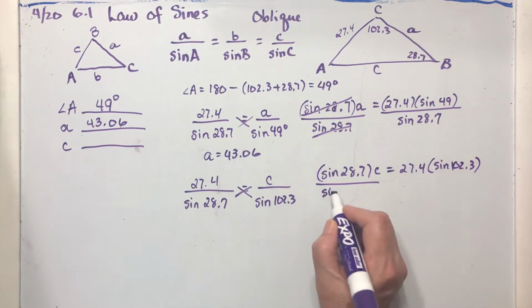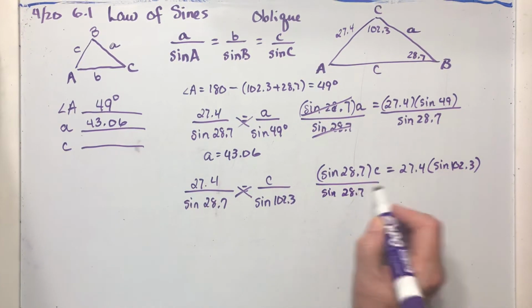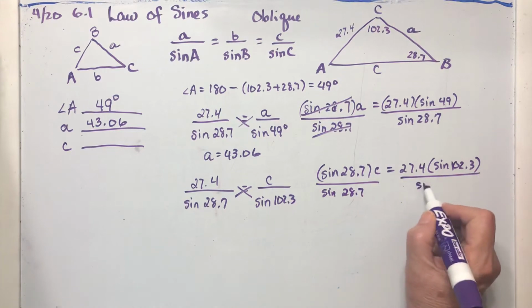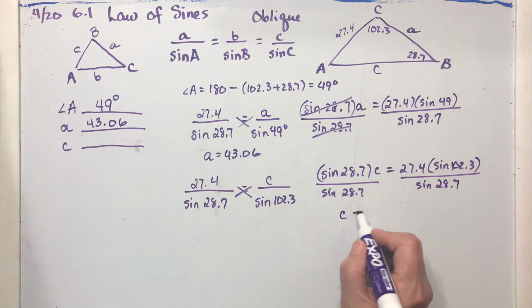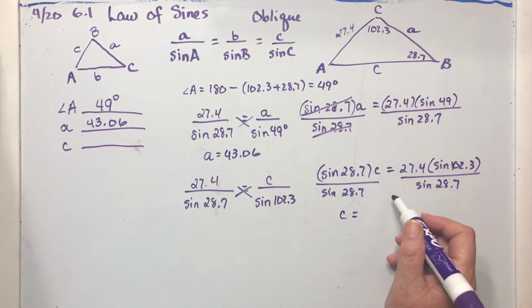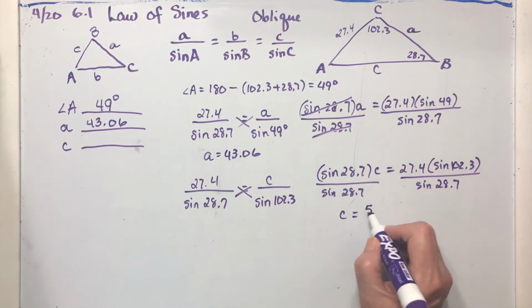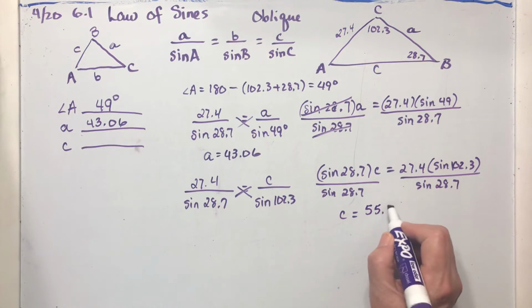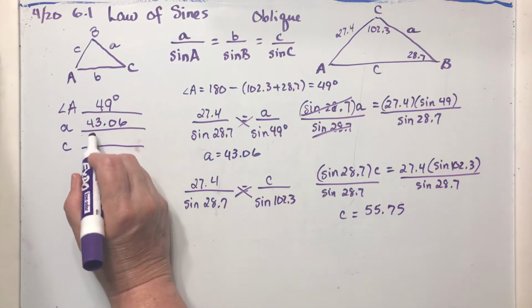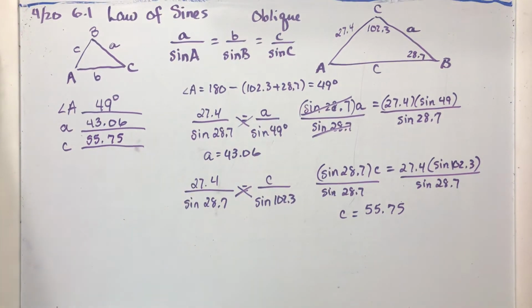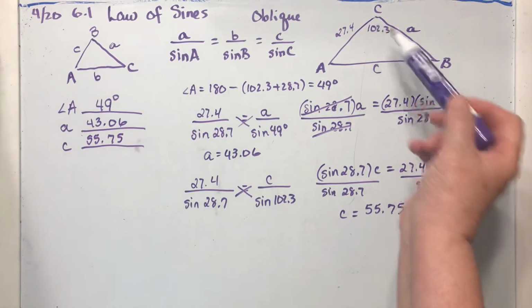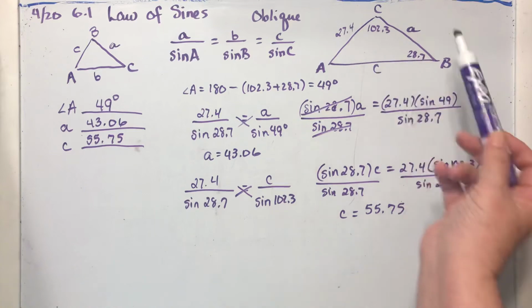So I'm going to divide both sides by the sine of 28.7. And so I get C equals 55.75 when we put that in our calculator. And that's it.